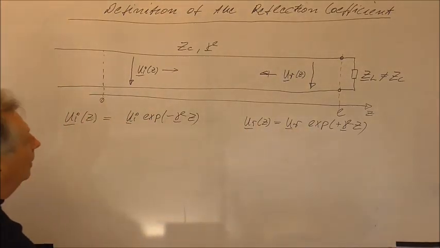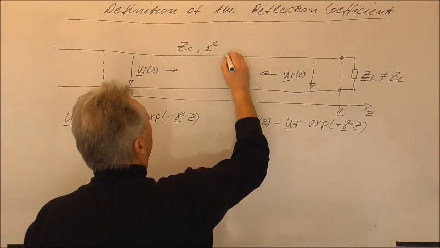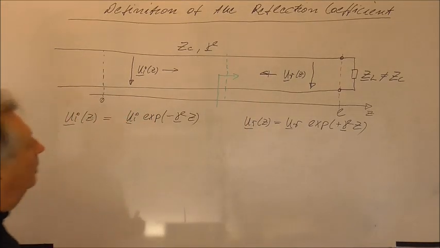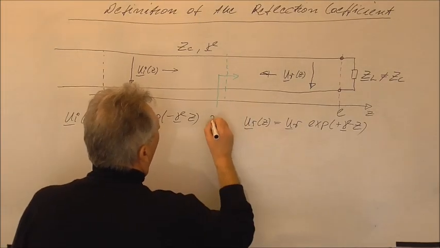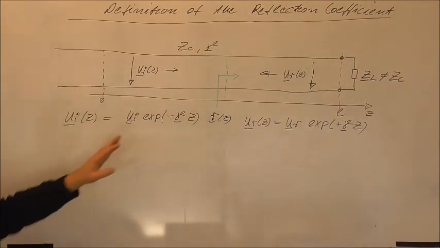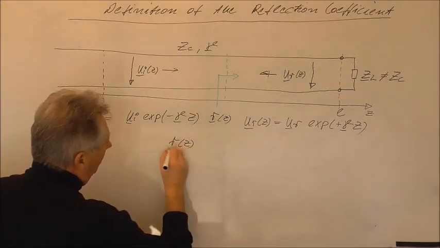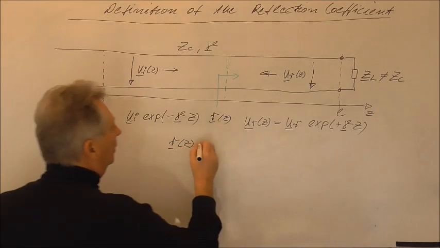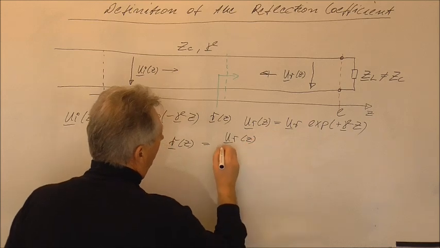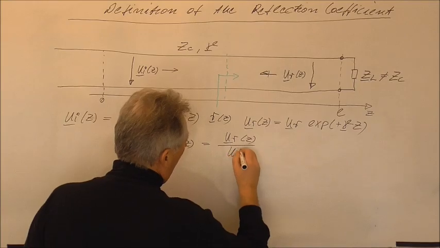So in this case we'll have a different functional dependence, here the positive sign and here the negative sign. And now we can define the reflection coefficient which I see at an arbitrary point in the transmission line. I will just call it R of z, and it will be defined as the ratio of the two voltages, the reverse traveling voltage UR of z divided by UE of z.